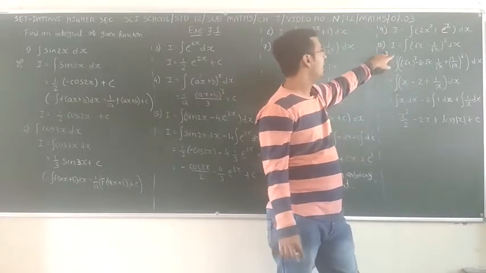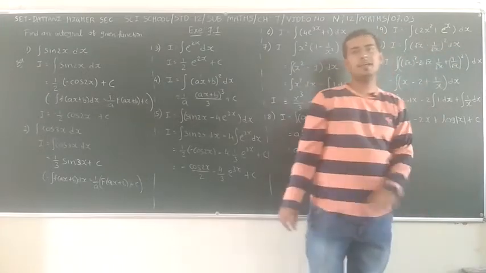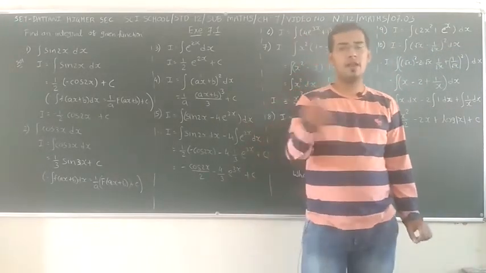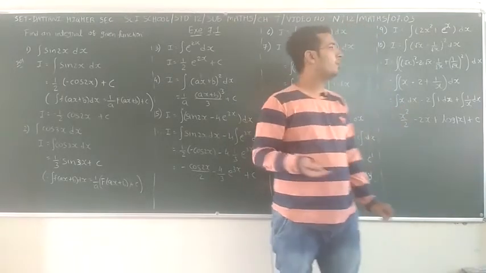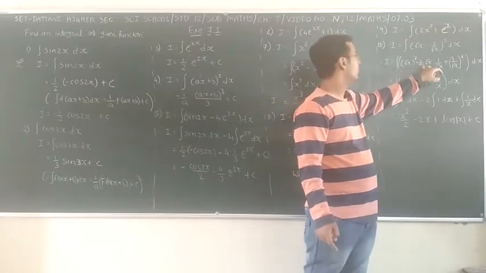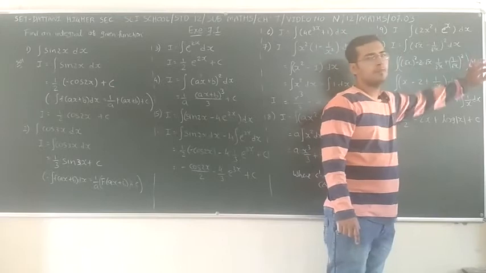Tenth one: I is equal to integration of (root x minus 1 upon root x) whole square dx. Now here we use the formula (a minus b) whole square. We open the bracket. So a square means root x square, minus 2ab, 2 into root x into 1 by root x, plus (1 upon root x) whole square dx.